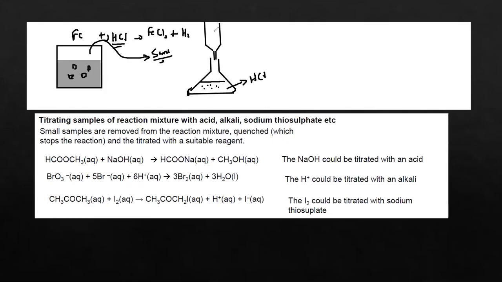For example, we had sodium hydroxide, NaOH. HCl reacted with sodium hydroxide, and we took a small quantity, so we don't need too much sodium hydroxide. For example, in the beginning you need 5 cm cube of sodium hydroxide.